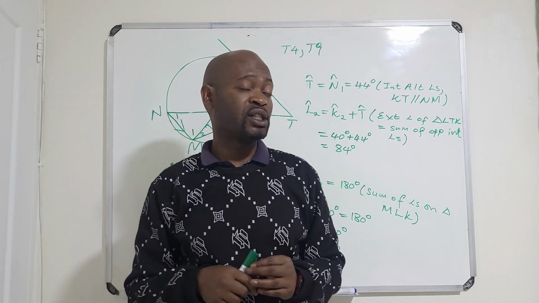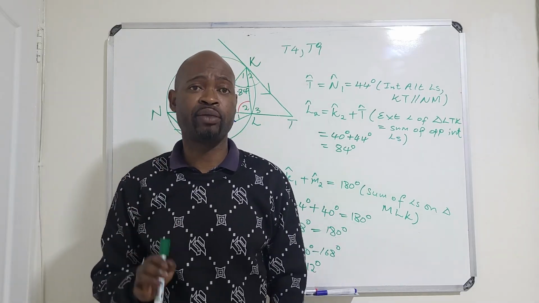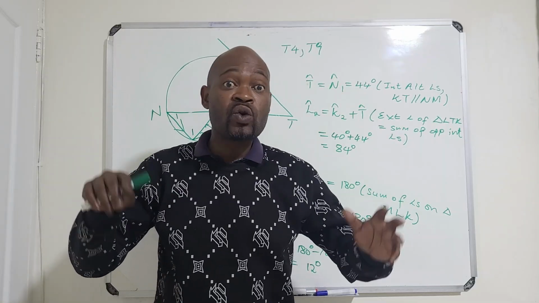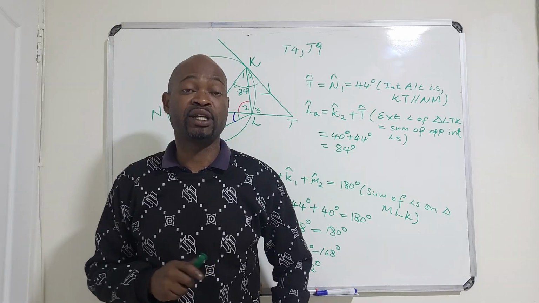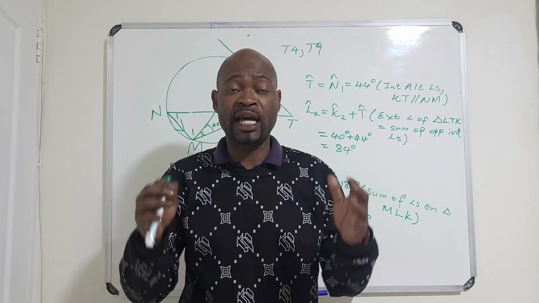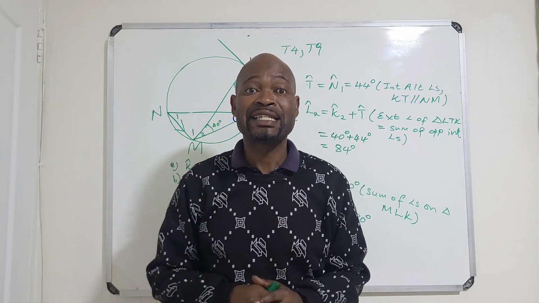Now we are just going to look at one last example, because this example is very important. It's unclear whether we are given a cyclic quad or not in that particular problem that we are going to do just now. But we will tell you exactly why we are given the cyclic quad in that problem.